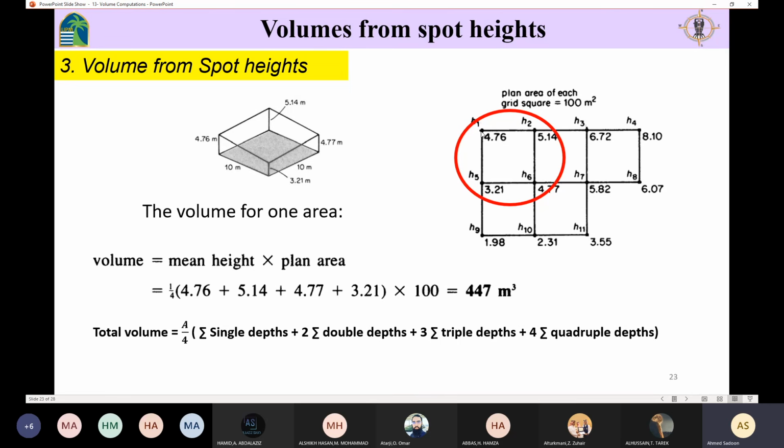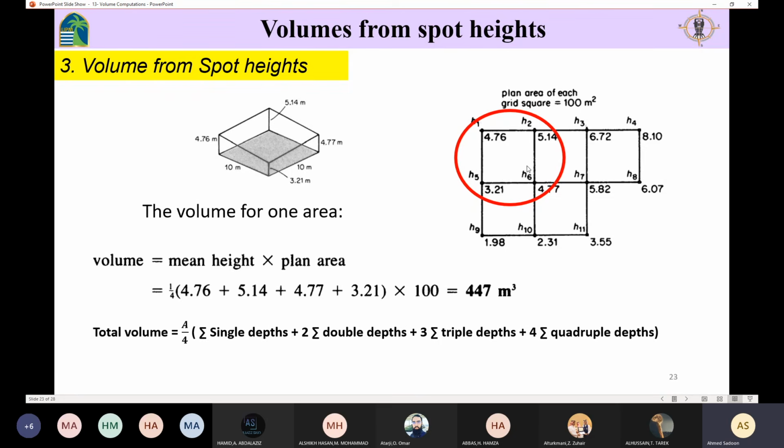It's going to be involved in determining the area for this part and also for that part. But what about H1? H1 is not going to repeat itself, right? We are going to use only H1 to determine this area for this spot. But H2 is going to be repeated twice because I'm going to use H2 to determine the area for this part and also for that part. So H2 is double depth, while H1 is a single depth.